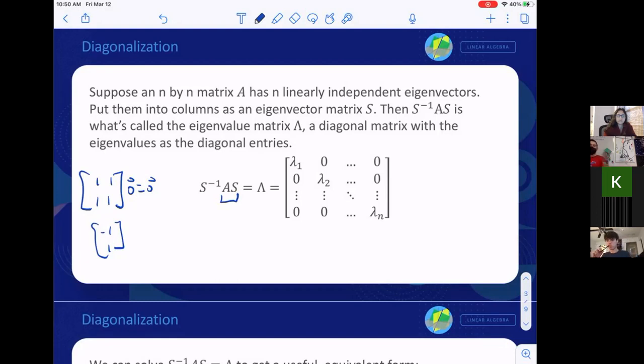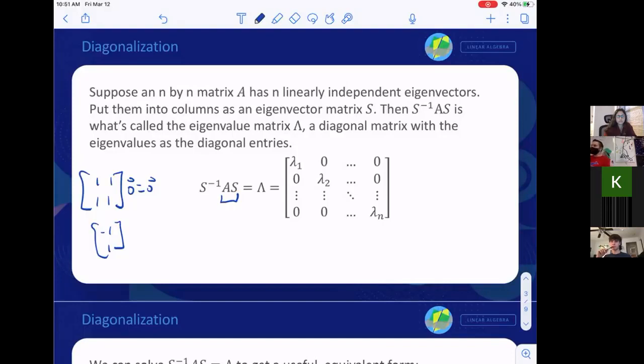The second column, I'll get a multiple of that one. The third column, I'll get a multiple of that. And then when I multiply by the inverse, it's basically going to leave behind the multiples that I'm getting there, times the identity, because S inverse times S will be the identity. But since I multiplied by A, I'm not going to get the identity. I'm going to get the identity with those multiples on the main diagonal.